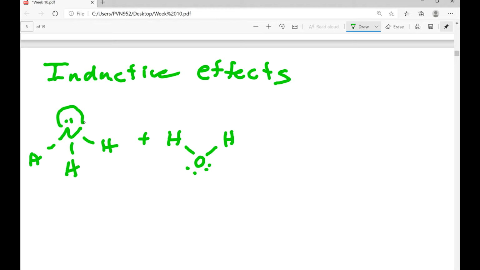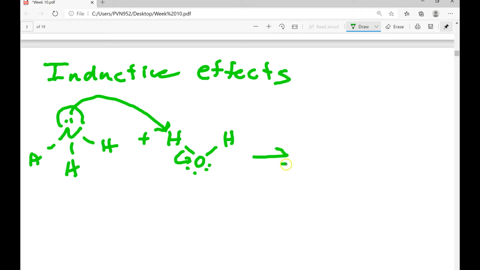What I like to think about in this sort of acid-base reaction is the fact that the lone pair on the nitrogen is able to pick off a proton from the water. So the more available the lone pair is to do this reaction, where it picks off a proton from the water, the more basic my nitrogen is.